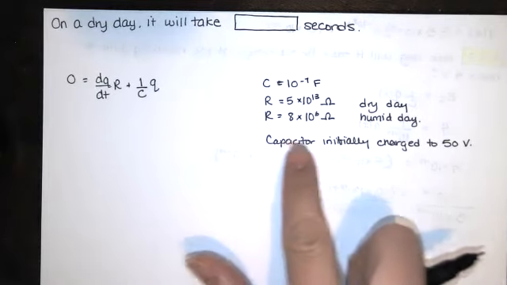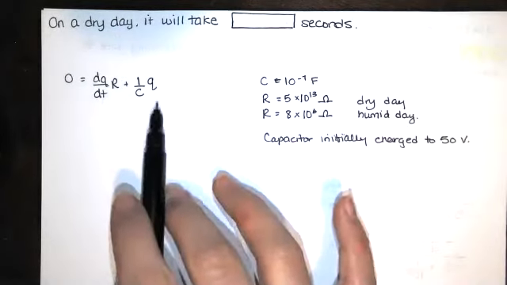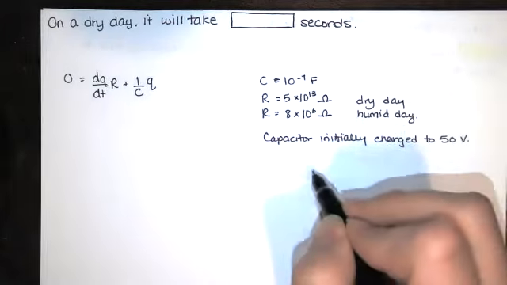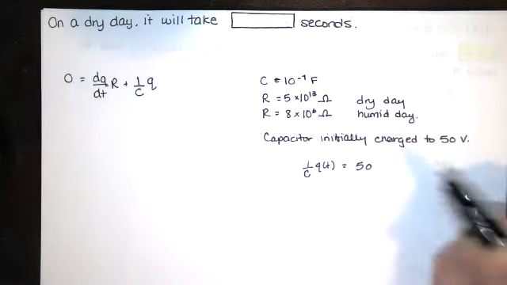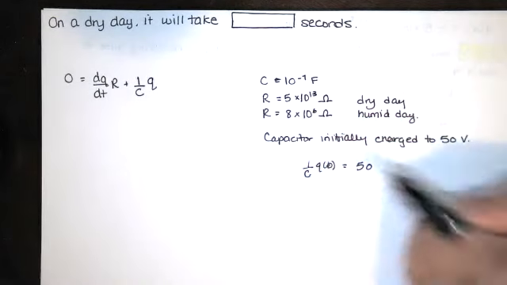So this piece is telling us that the voltage drop for that capacitor, 1 over C times Q, is equal to 50 at time t equals 0.